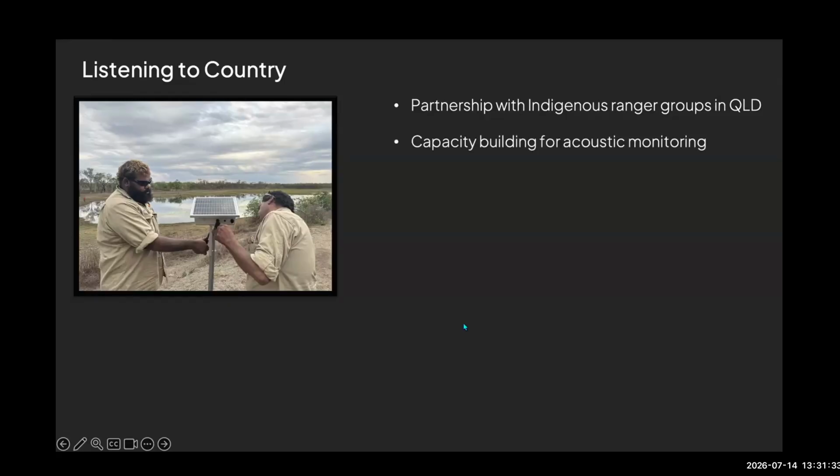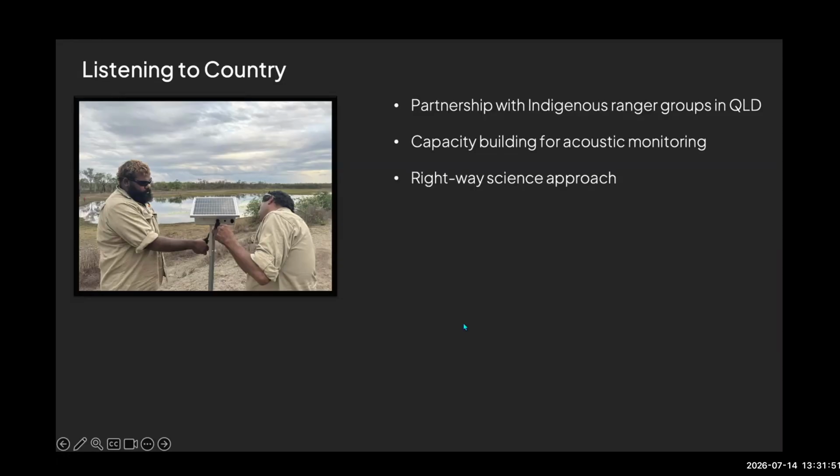We're building capacity for acoustic monitoring, teaching the rangers how to use acoustic devices and think about what needs to be in place for this to happen, and adding this as a tool to their toolkit in order to look after and care for country.